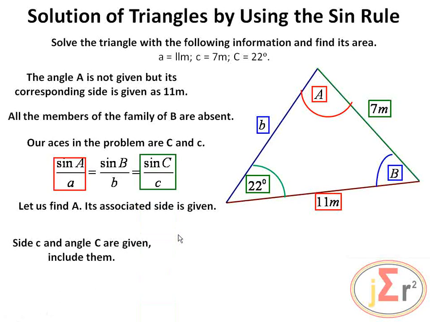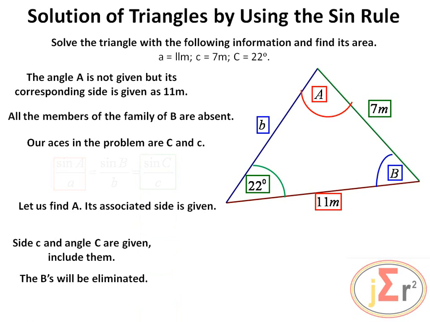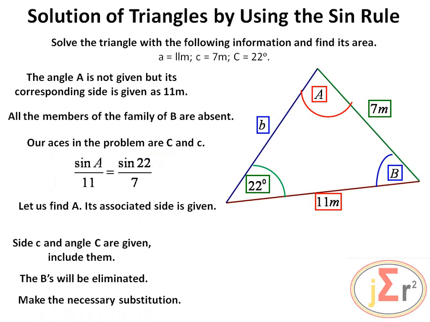So there you go. So B is going to be eliminated this time. And what do we have? Sine A over a is equal to sine C over c, and we are going to substitute the values. So substituting the values, we get sine A over 11 is equal to sine 22 over 7.